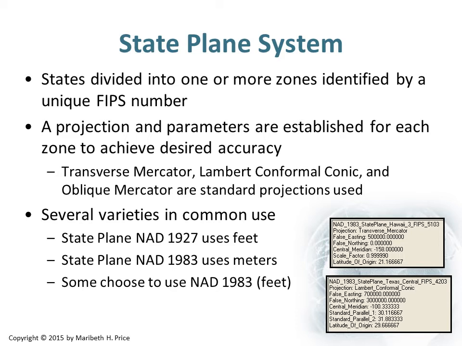And typically we're looking at transverse Mercator, Lambert conformal conic, and oblique Mercator as some of the projected coordinate systems that go into the state plane system. But for the most part, state plane system data is in feet, but some is in meters. But in general, if we see feet, we think state plane. If we see meters, we think UTMs.